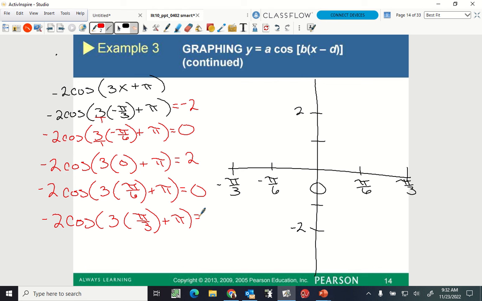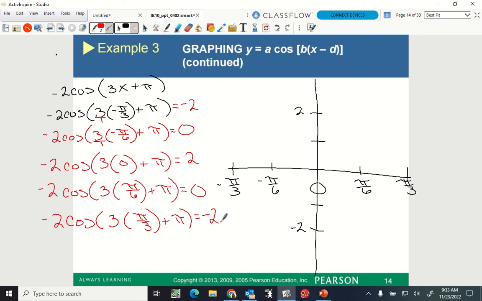On my unit circle, I'm going to go find 2 pi, which is which way? All the way to the right. It's the same place as 0. Right there, 2 pi. And what is cosine at 2 pi? 1 times negative 2? Negative.